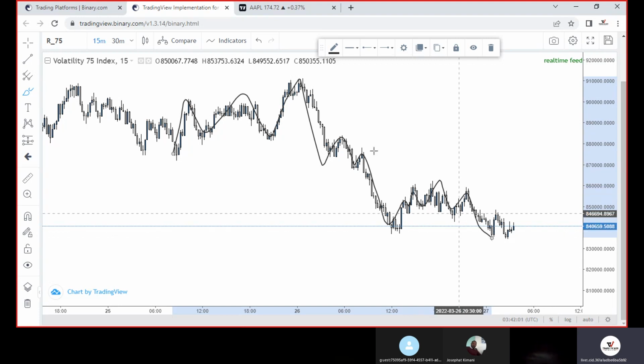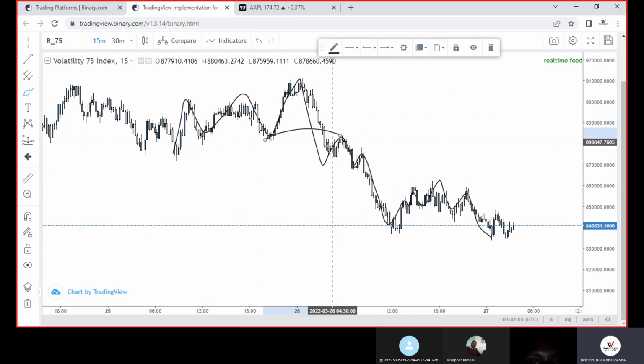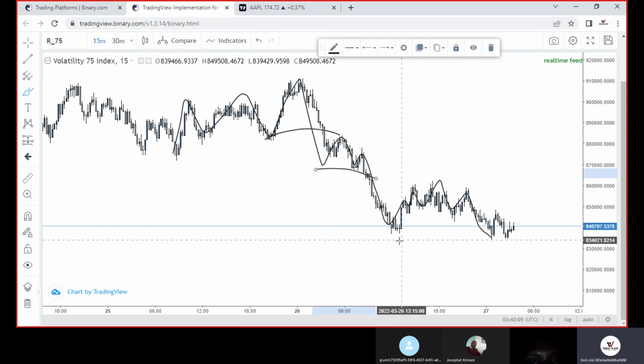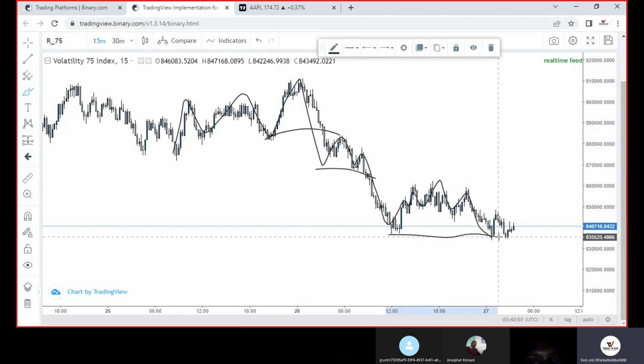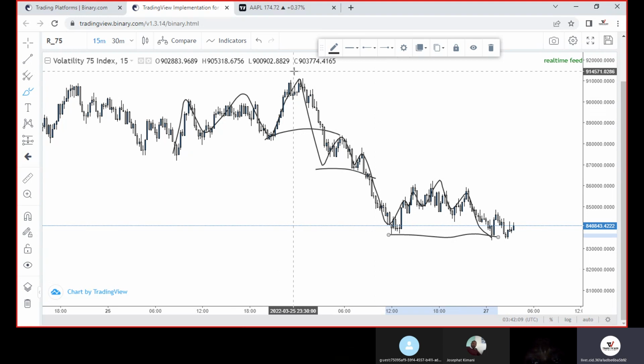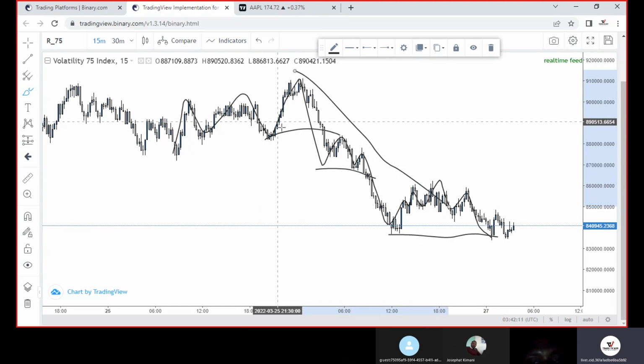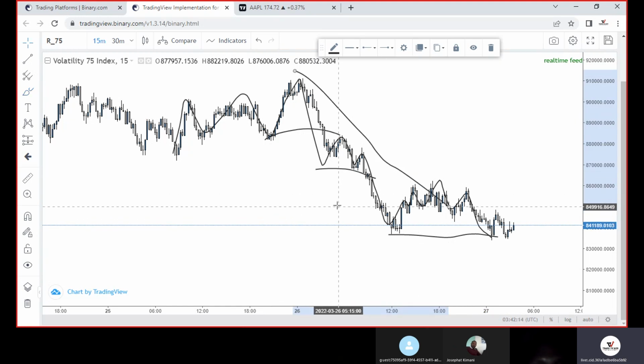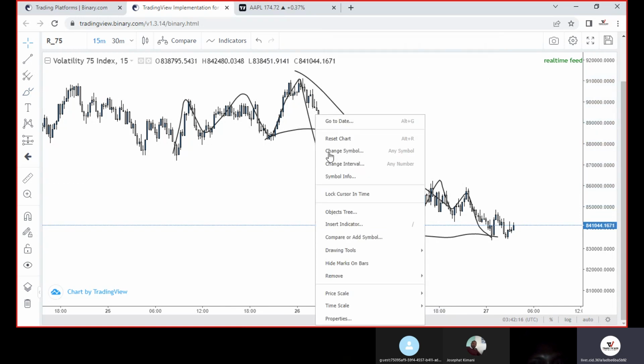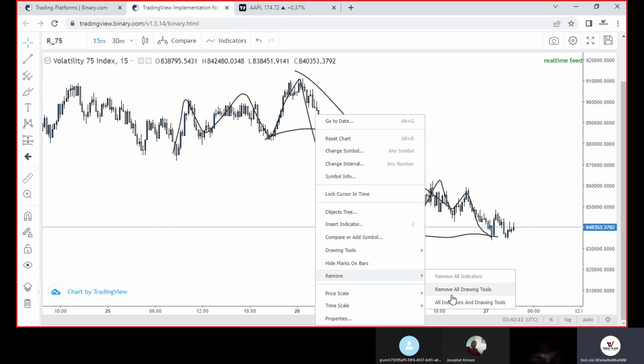Example, in this case, this low was broken, this low was broken, this low is currently not broken, so we have an existing downtrend at this point. Sorry, it's a little bit scattered.